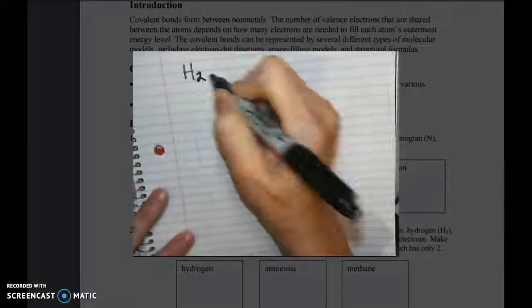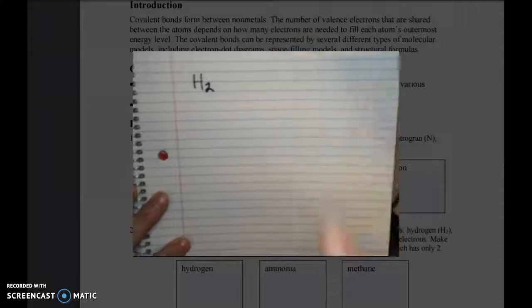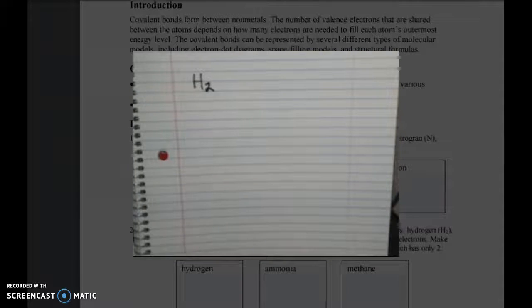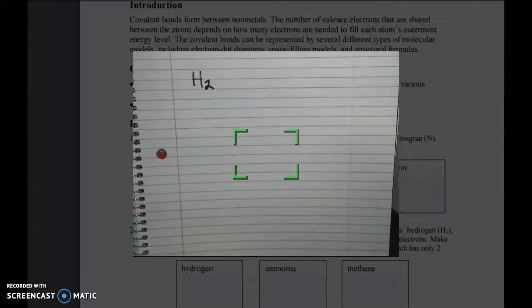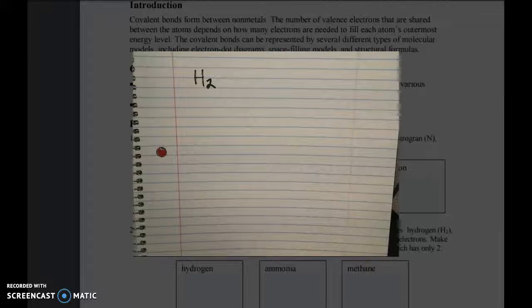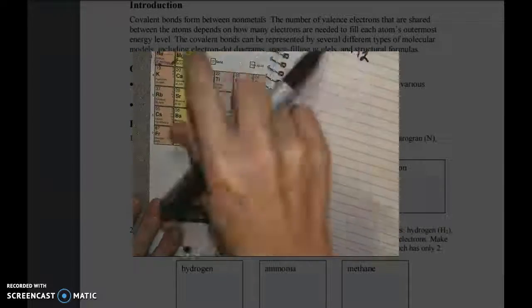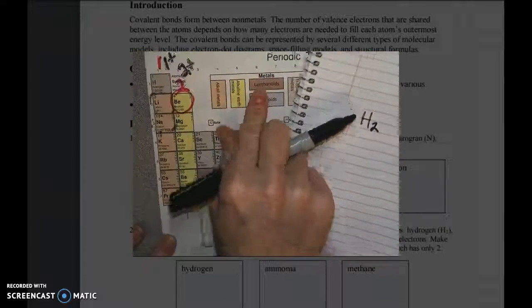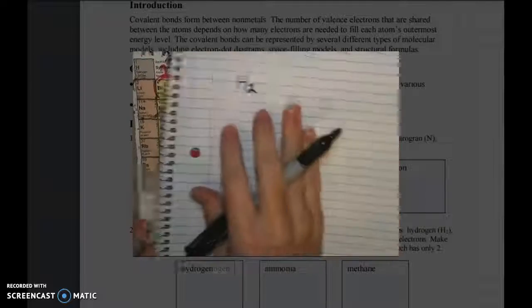So H2, hydrogen, is a diatomic molecule. That means there are two hydrogens that are bonded together, and that forms gaseous hydrogen. A lot of times they can use it as a power source, actually. So when I look at the periodic table, hydrogen has one valence electron.